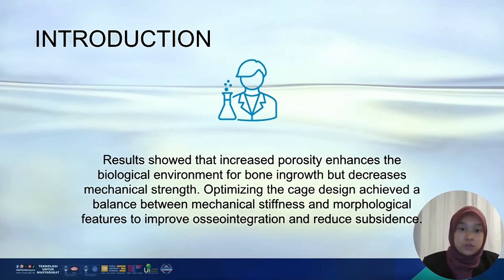The result will show that increased porosity enhances the biological environment for bone ingrowth but decreases mechanical strength. Optimizing the cage design achieves a balance between mechanical stiffness and morphological features to improve osseointegration and reduce subsidence.